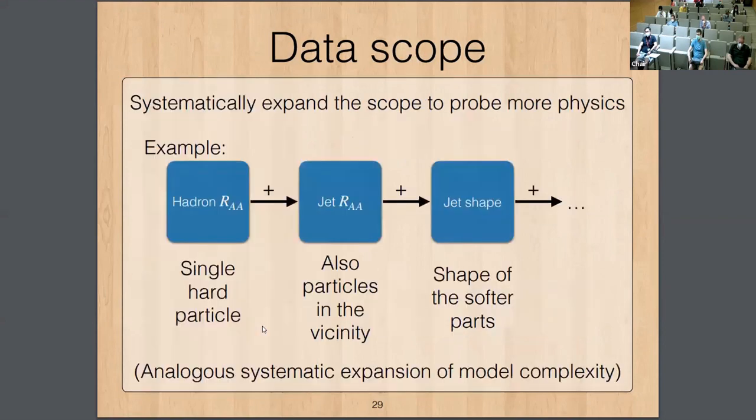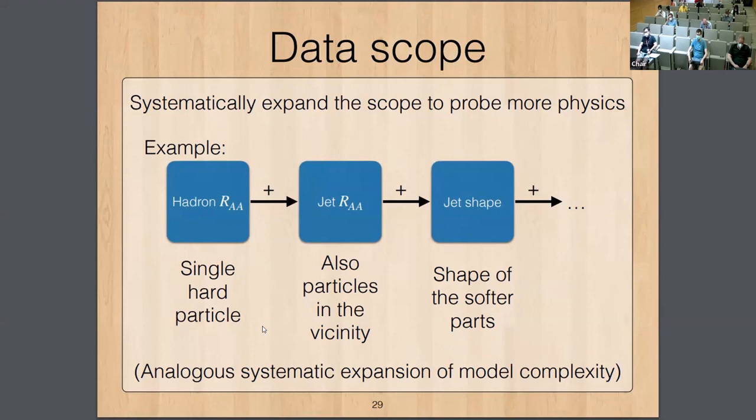And another thing is about the data scope. I think the way to move forward is that we should systematically expand the scope of the analysis to probe more and more physics. So we start with something that's the simplest. For example, here, the hadron RAA, we only have the single hard particle. And then next, there are many different pathways that we can take. For example, we can add the jet RAA, where we'll also be sensitive to particles in the vicinity.